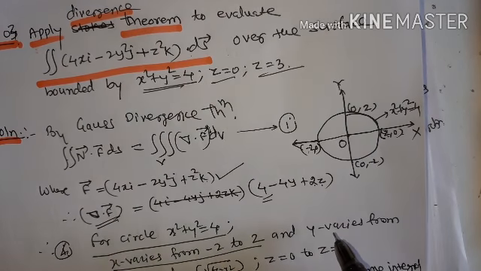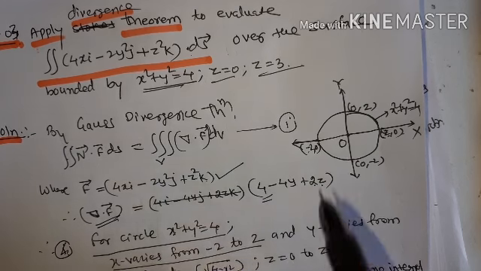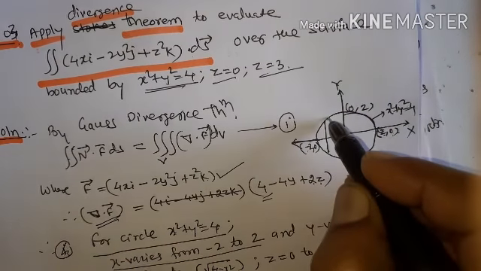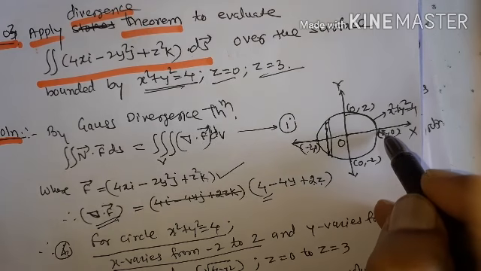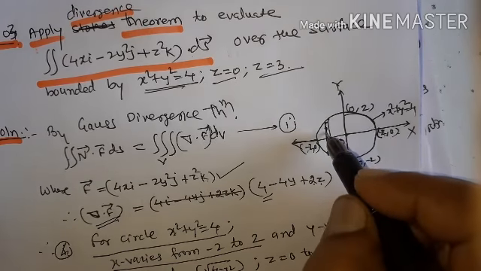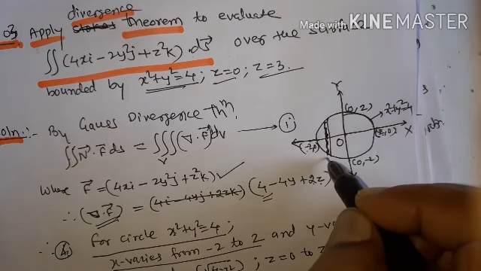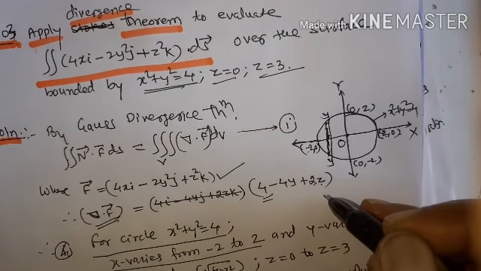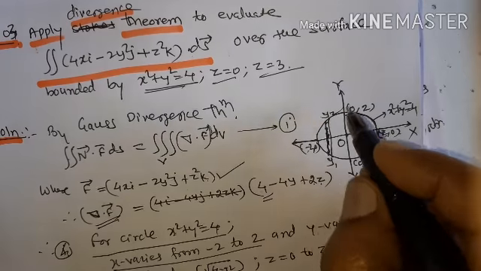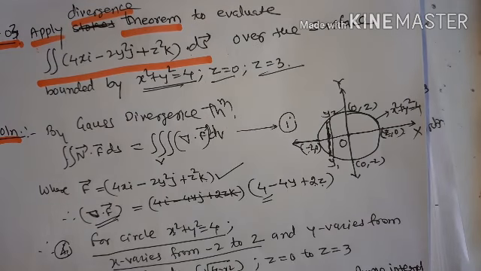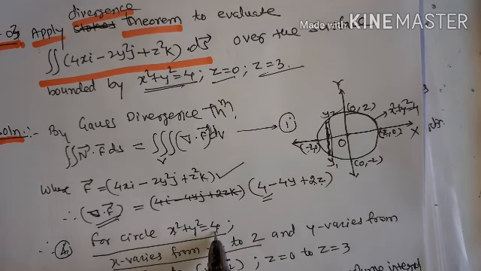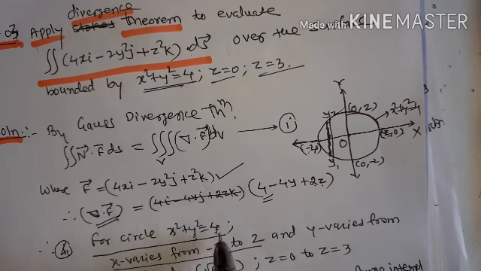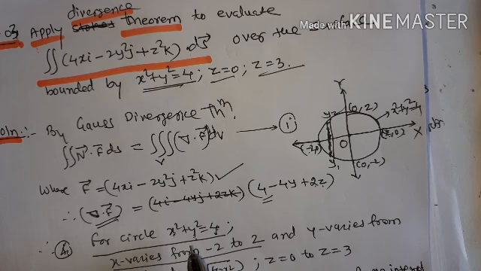And now we have to find the limits for y along this strip. This strip will move from x equal to minus 2 to x equal to plus 2. Along this strip, here is a y value and here is also a y value, say y1 and y2. If I simplify the equation x square plus y square equal to 4, y square will be 4 minus x square, hence y will be plus minus root of 4 minus x square.